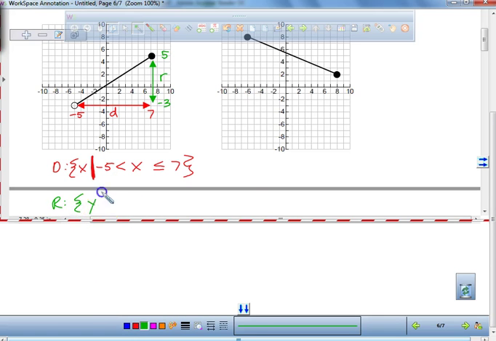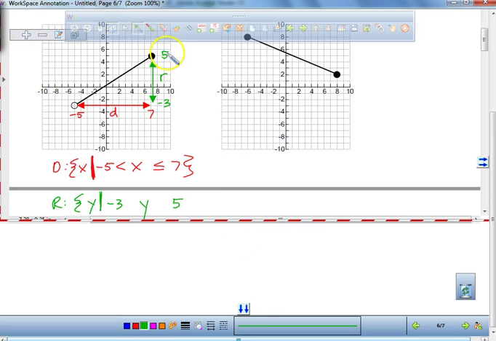A set of all Y values such that, what's my smallest Y value? Negative 3, right? What's my greatest Y value? All the way up here. 5. My greatest Y value is a 5. All of my Y values are between.